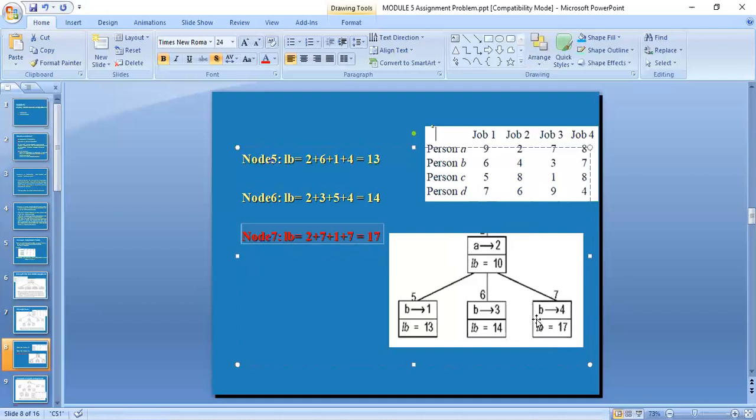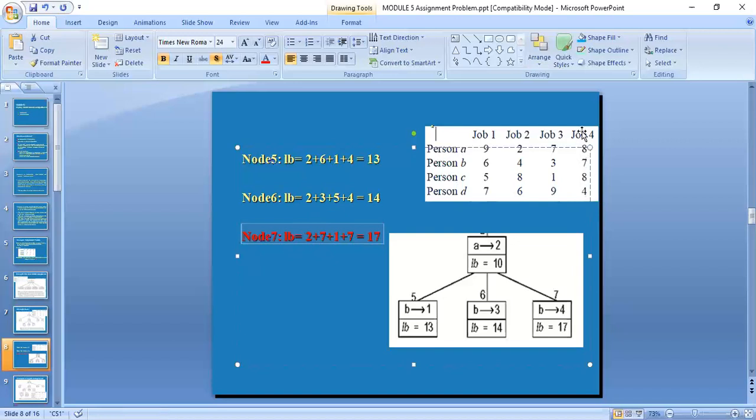Is it clear? Okay. Person A with job 2, so 2. Person B with job 4, so it is 7. Person C with job 3, which is 1, that is also considered. But person D, the least value is 4.